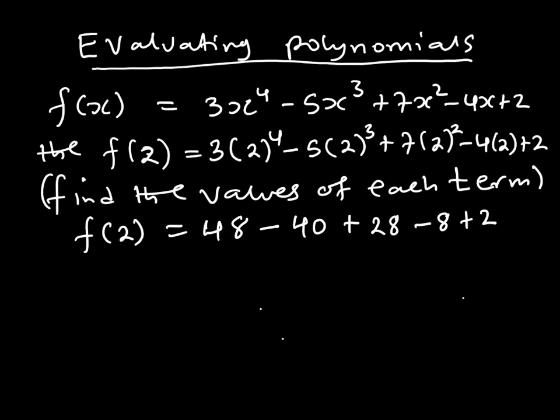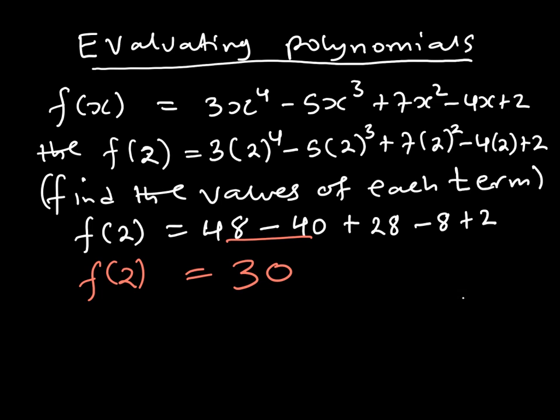So this is 8, this is 20, 22. Okay, so we get the value of 30 and not 53. So f of 2 in this case will give us 30. Okay, we have evaluated the polynomial at x equals 2.